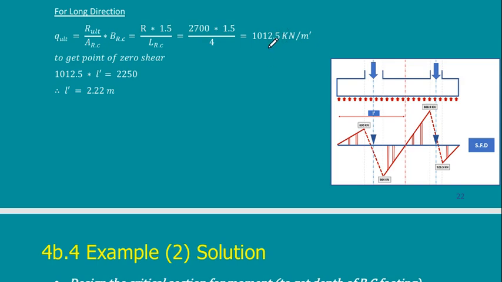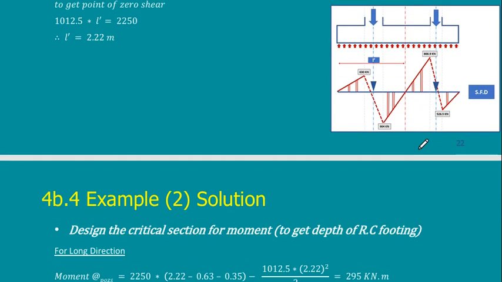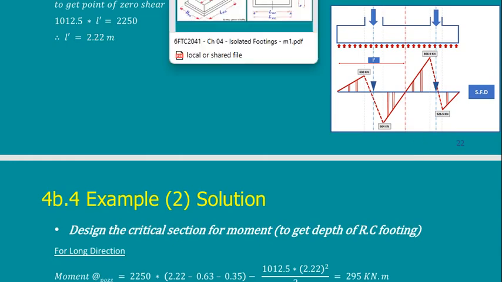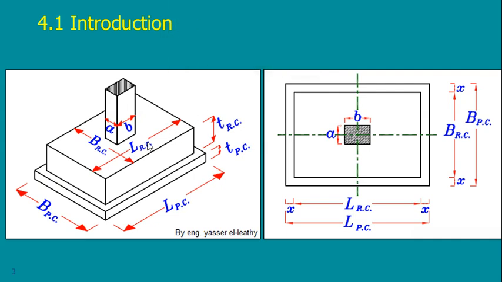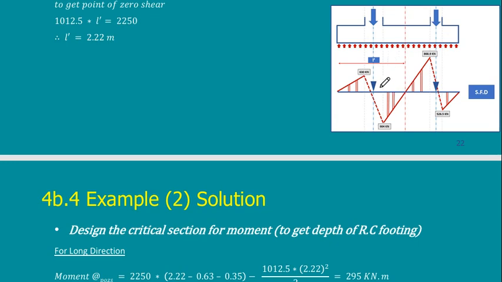Similar to any previous case, I need to calculate where the maximum moment is. In my footing here, if you remember, it is very easy to detect where the maximum moment is. The maximum moment for a cantilever from all directions is at the edge of the column. But in my case here, where is the maximum moment?